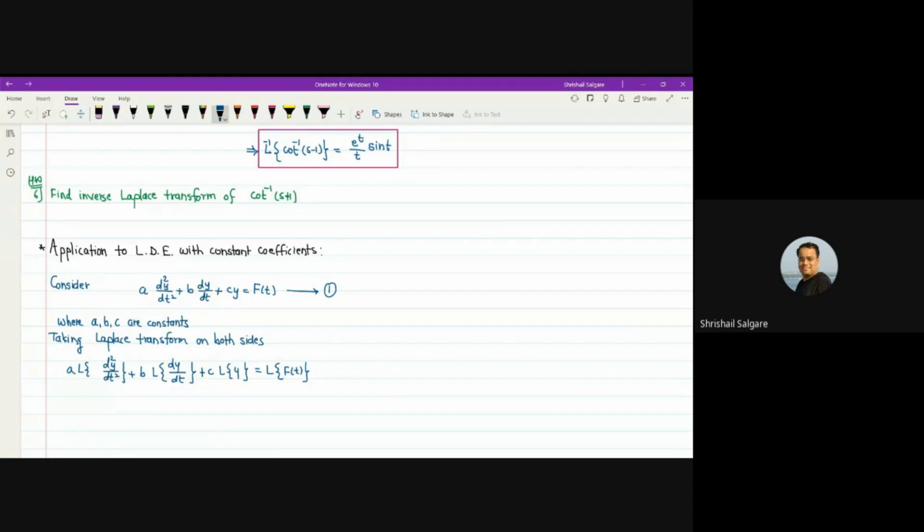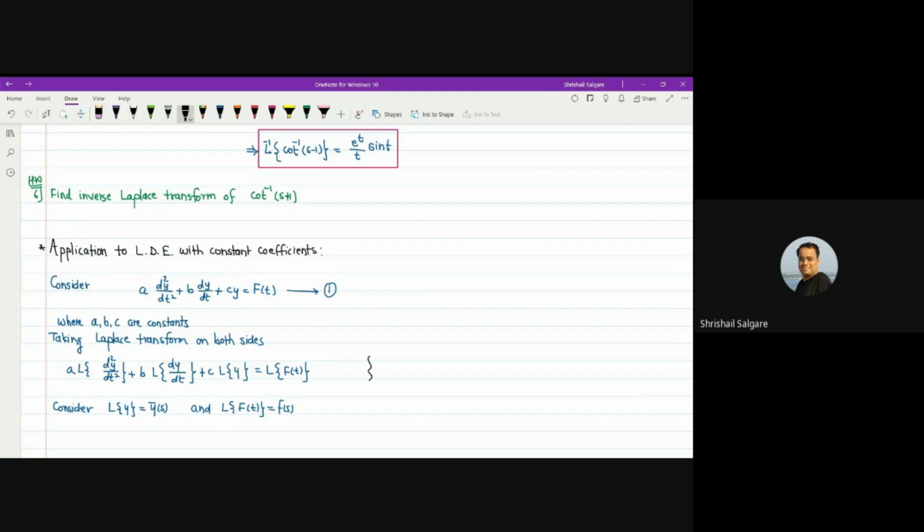Now I will use the notation: Laplace transform of y I will denote as y bar, and it is a function of s. And Laplace transform of f of t is f bar of s, I am assuming.